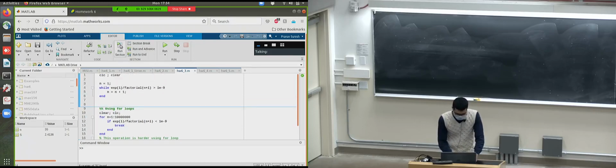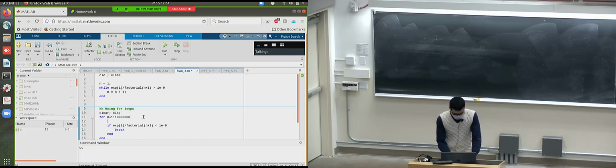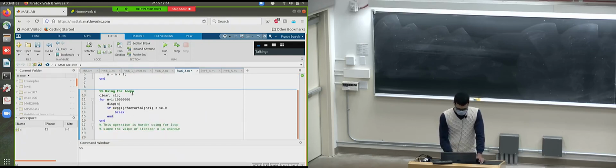I'm going to go ahead and run the first section to just see what is the value of n. So I got the value of n as 12, right? Now, in the second case, I'm going to display the value of n each time. I'm going to run this section.